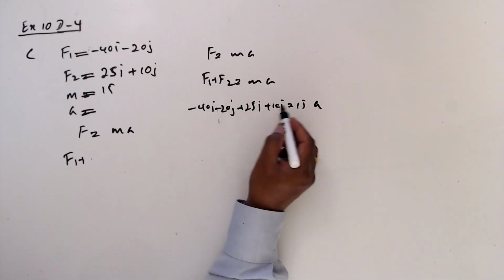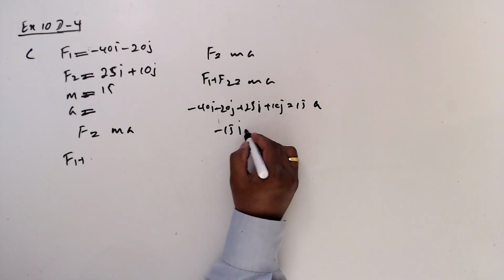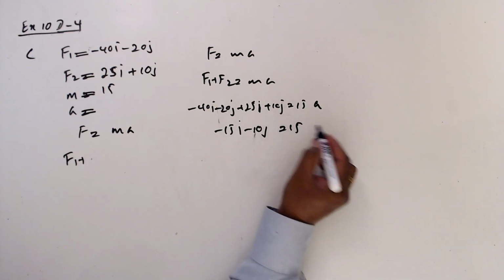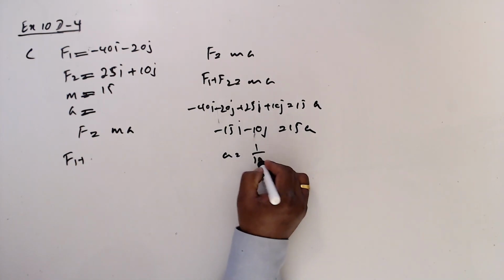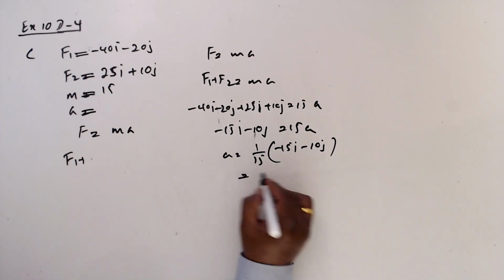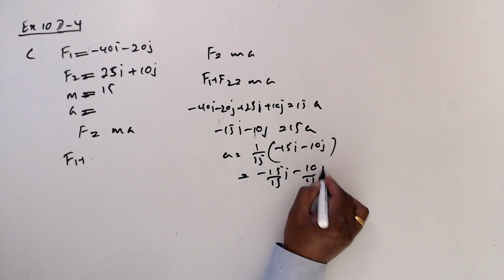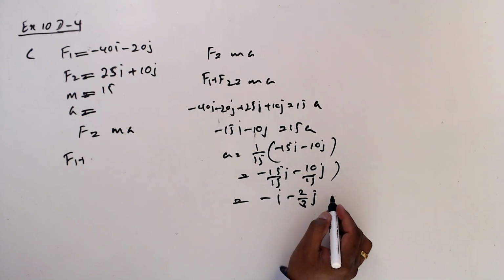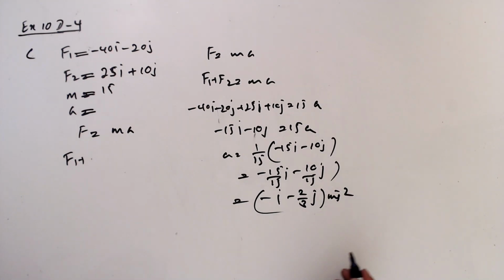So this is going to be minus 15i plus 8j equals 15a. So a equals 1 over 15 times minus 15i plus 10j. So 15 over 15 i minus 10 over 15 j. So this is minus i minus 2 over 3 j, in ms to the minus 2.